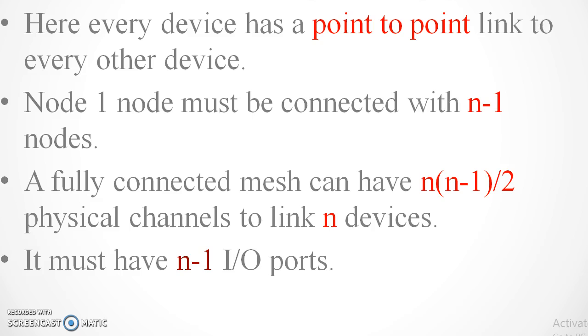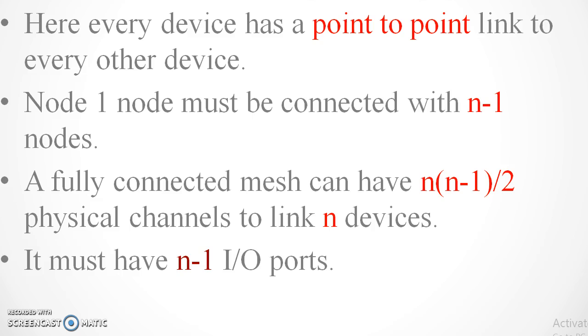In mesh topology, all the devices are interconnected together. That means we have a dedicated link between individual computers. Each computer will have its own dedicated link to pass the traffic. That means between two devices we have a point-to-point link.